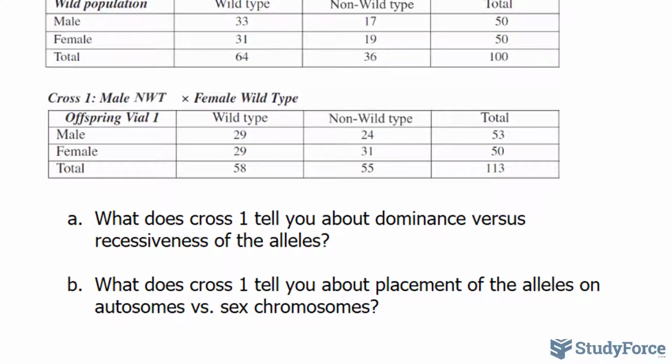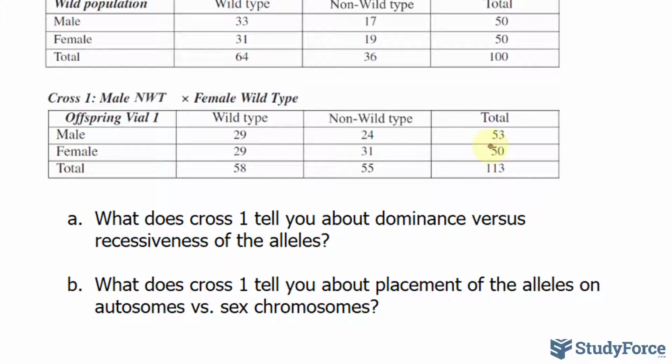When we crossed a male non-wild type with a female wild type, we ended up getting the following results, where approximately half of the 53 males were both wild type and non-wild type. That number is distributed almost equally.